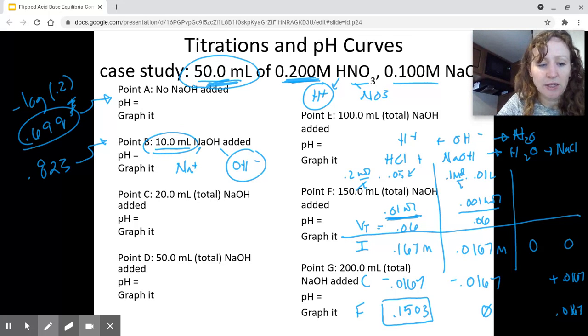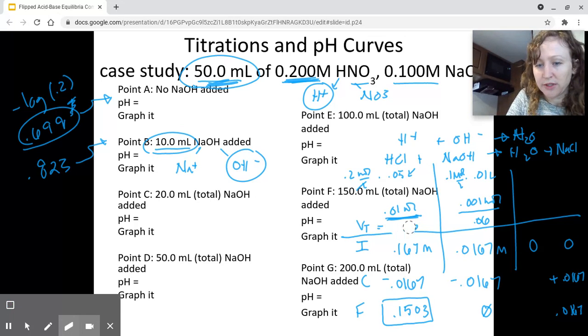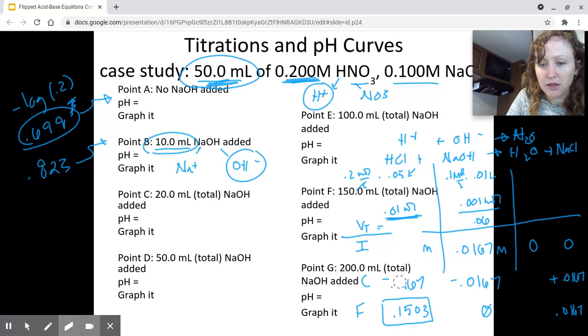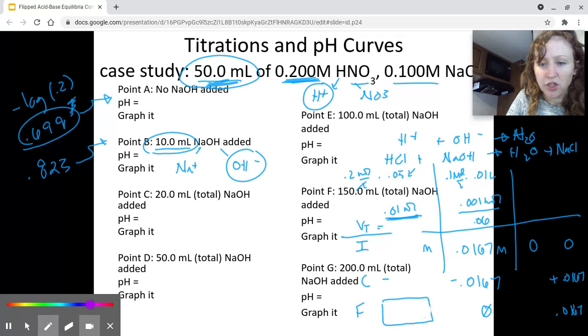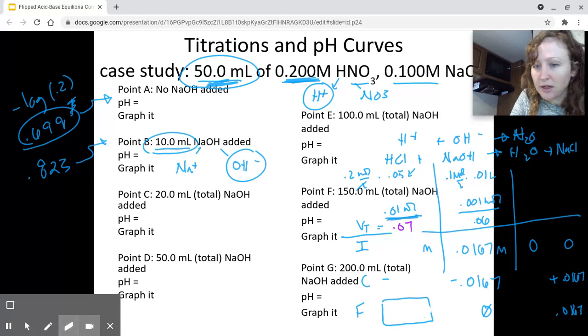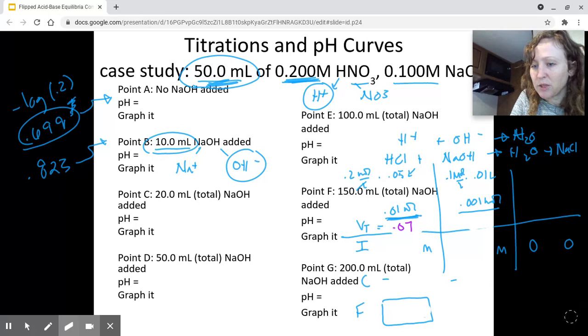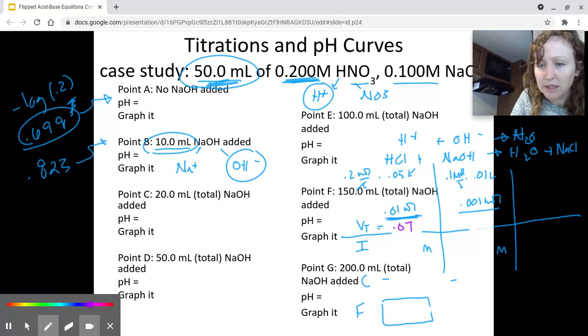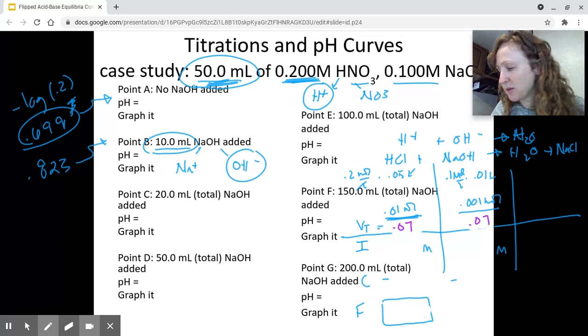Okay, so instead of having a total volume of 0.06, we're going to have a volume of 0.07, and same thing on our base side. And since our salt is not affecting our pH, I'm just going to ignore this side until we need it. 0.07.